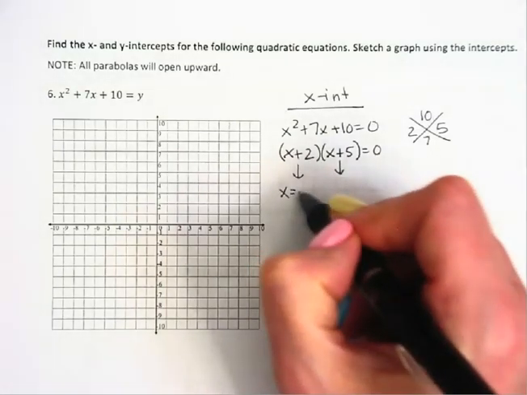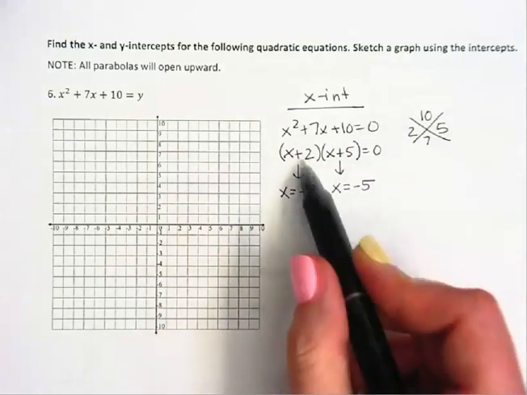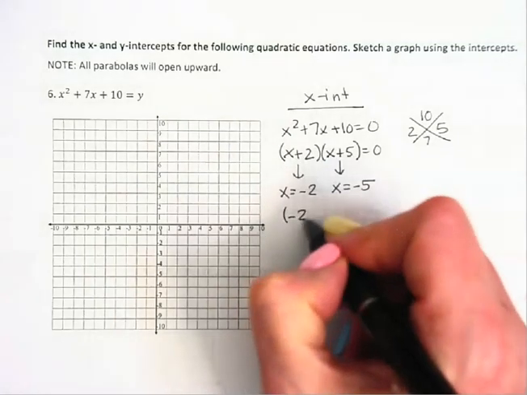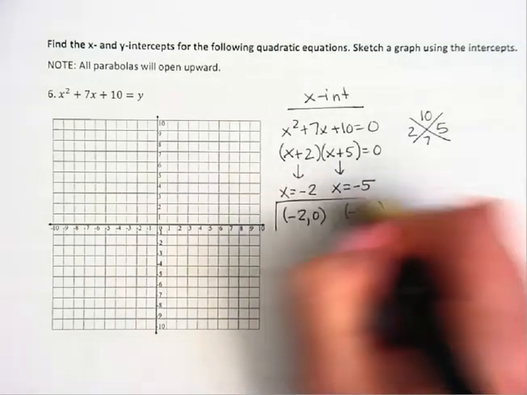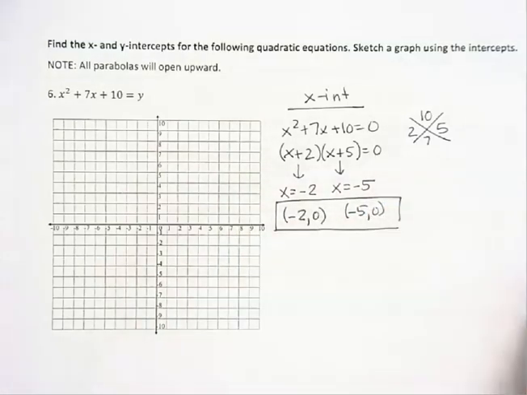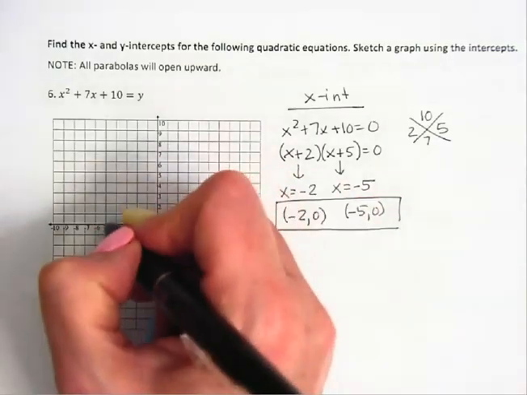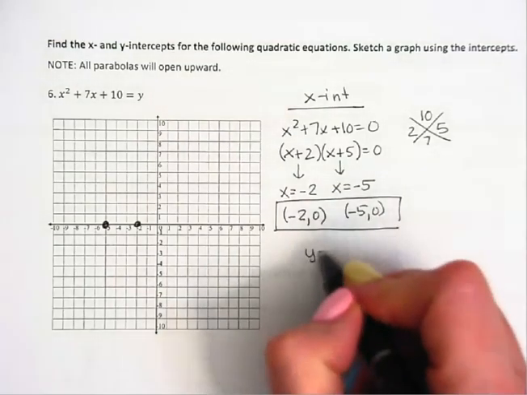I'm going to just skip a couple of steps and go straight to the answers. This one gives me x equals -2, this one -5. I want to write them as ordered pairs because we are practicing that skill. And then I'm going to graph them. And now I find my y-intercept.